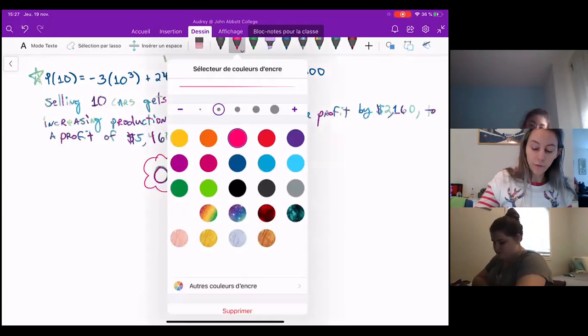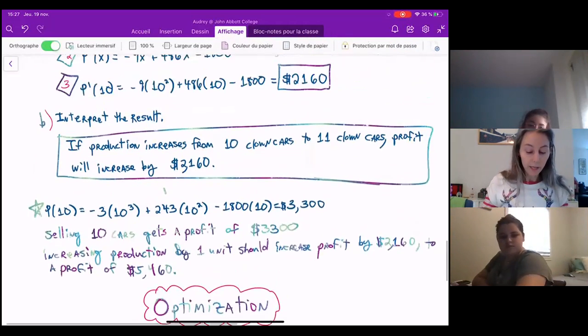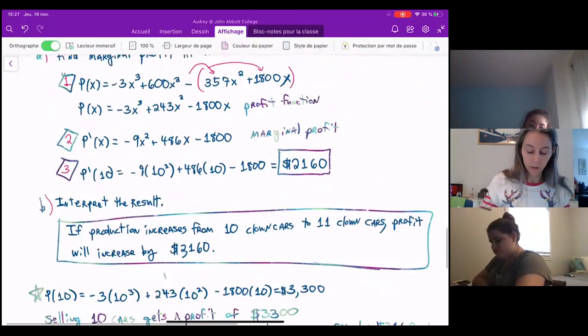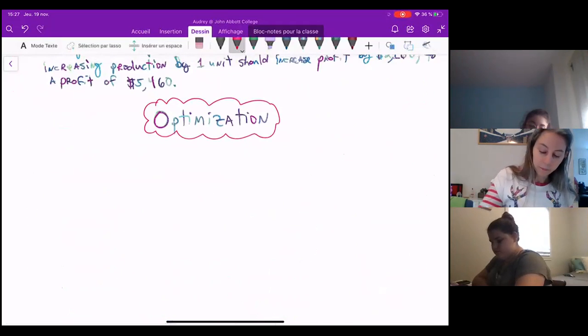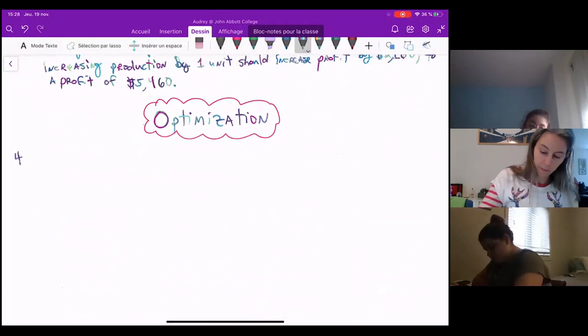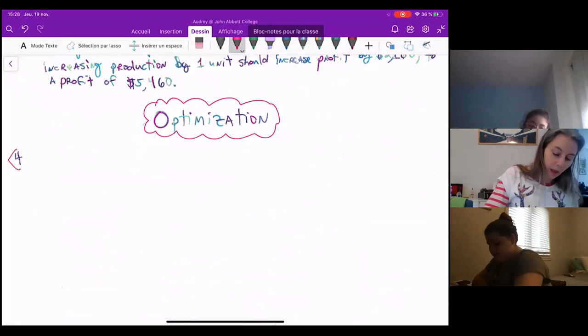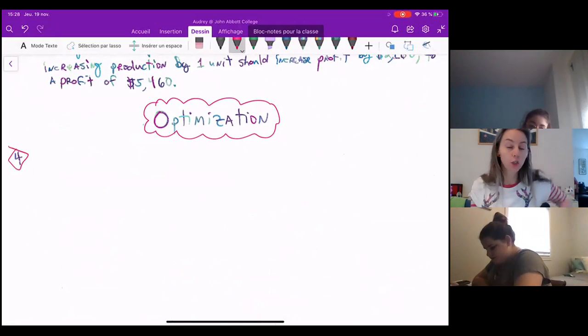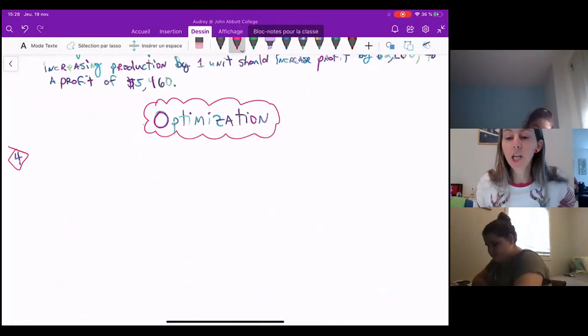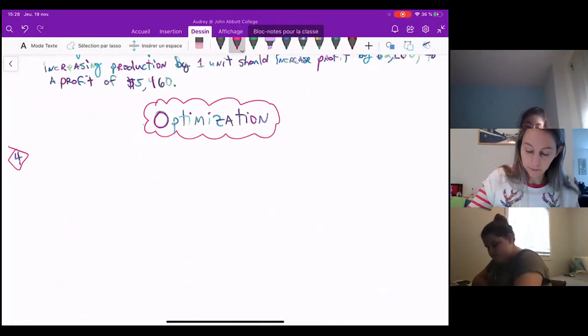Our question 4 is going to be, for you: how many cars should be sold to maximize profit?